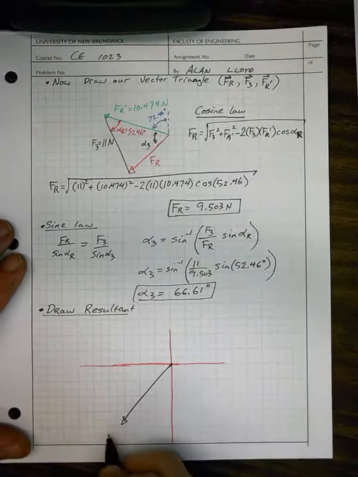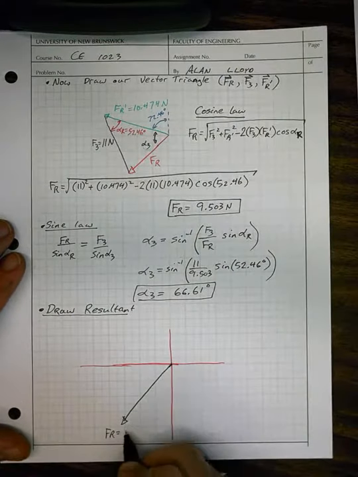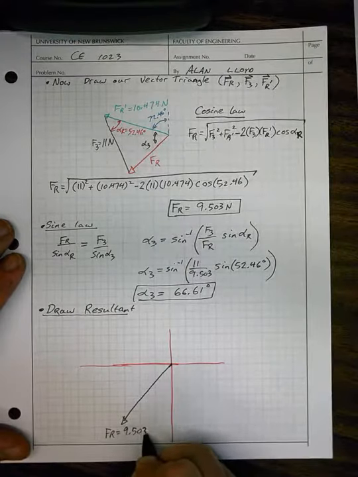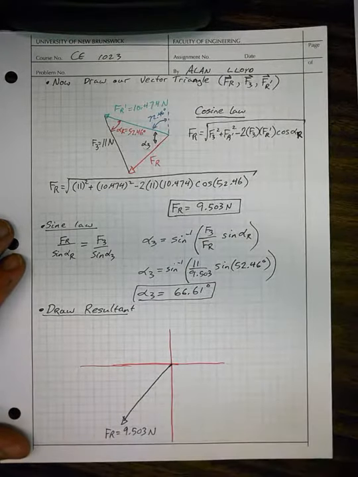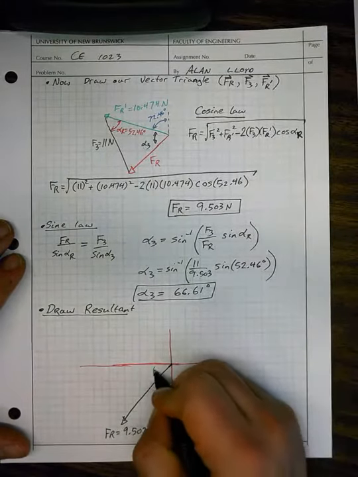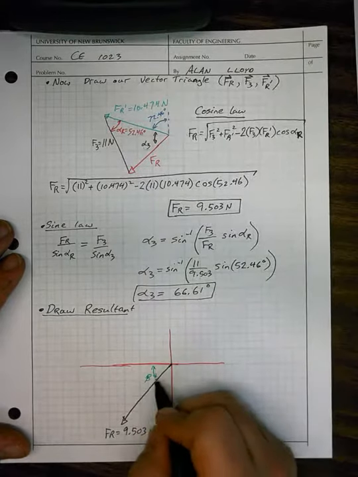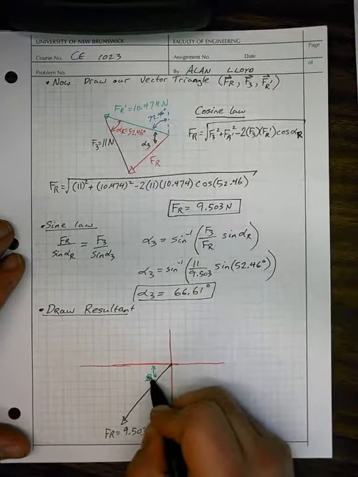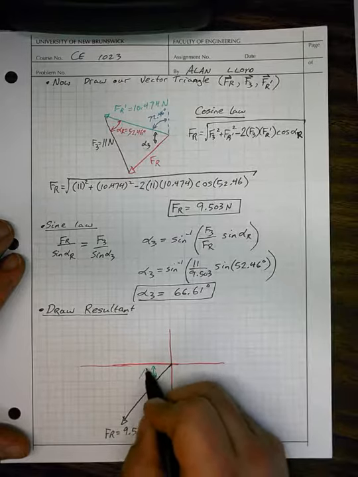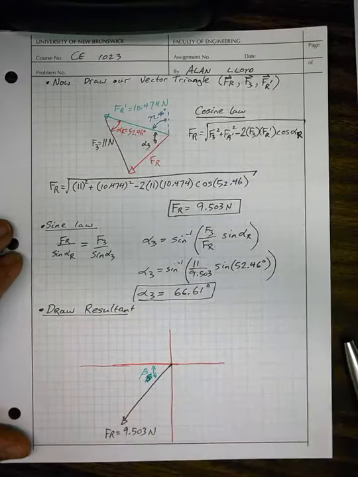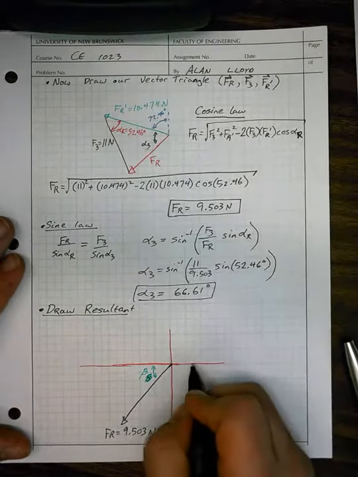FR is equal to 9.503 newtons. And then we have a couple angles. We can define an angle beta here. And if we recall, there is a standard XY coordinate system that we use. Let's draw that over here.